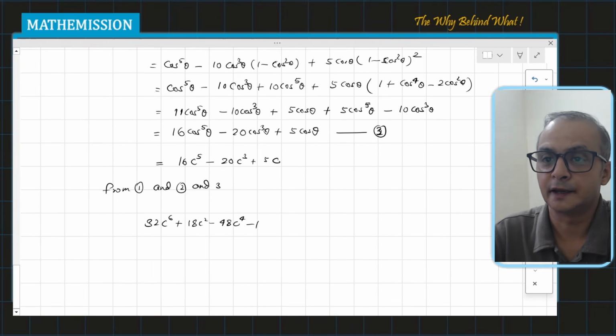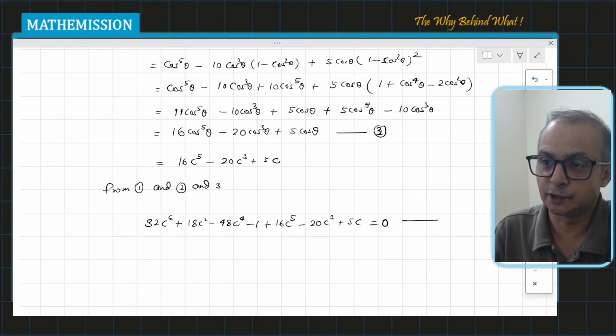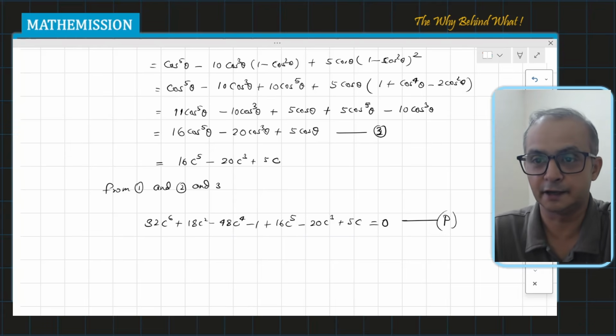Exactly, yes. And here I got plus 16 c to the power 5 minus 20 c cube plus 5c is equal to 0. So this is the polynomial I was looking for. Let's call it p as a polynomial, and from there we will think how to do it.